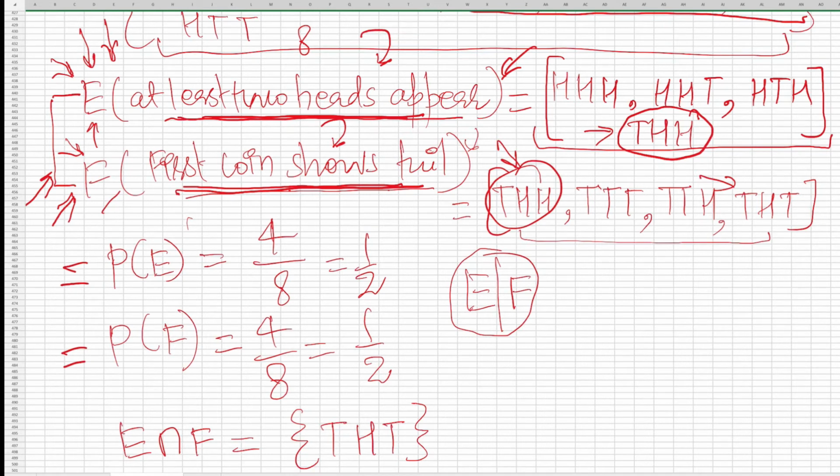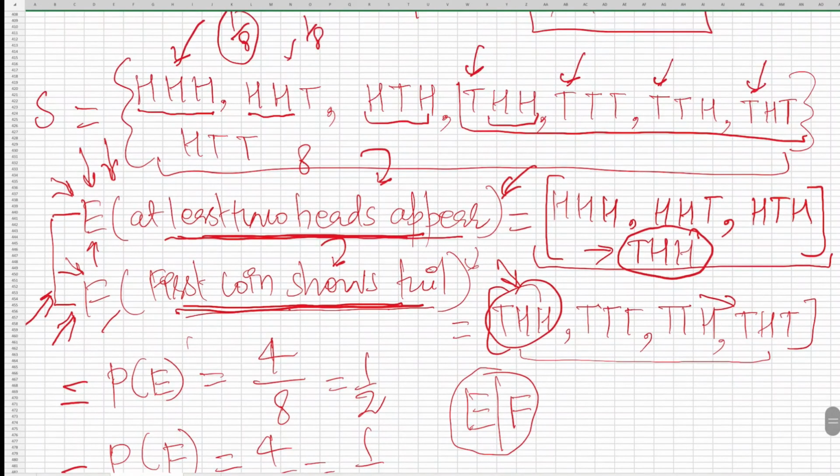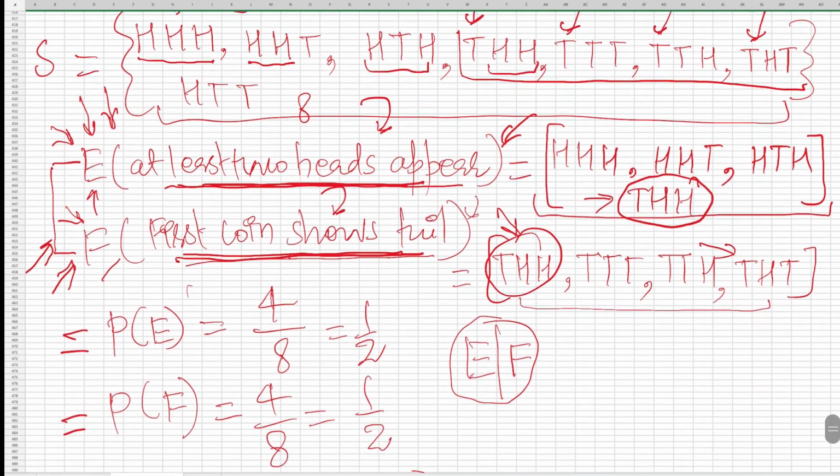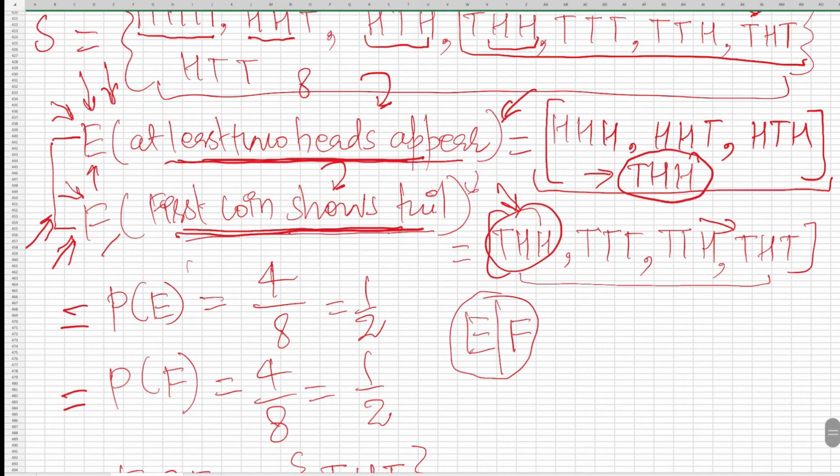So the first thing we need to do is define the sample space of this conditional event, because we are given the probability of getting at least two heads if the first coin shows tail. So all the outcomes which do not have the first coin as a tail will not be part of our sample space. Our sample space would be all of the outcomes which have the first coin as a tail.